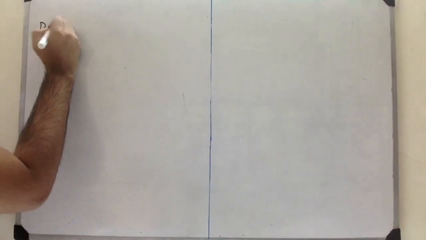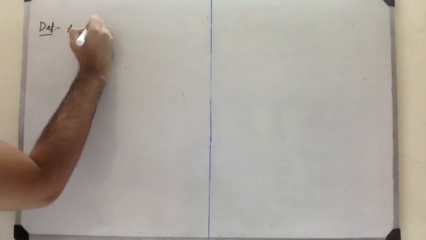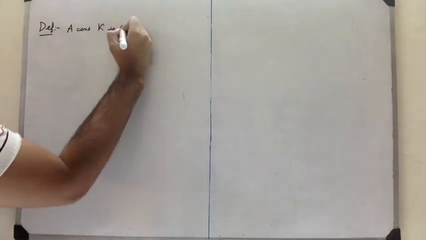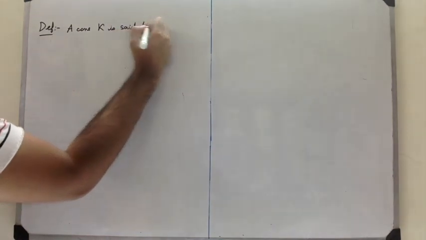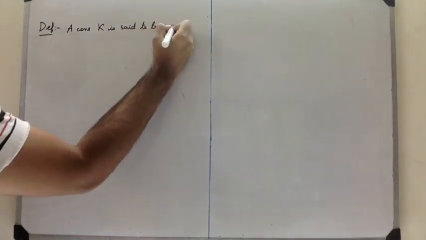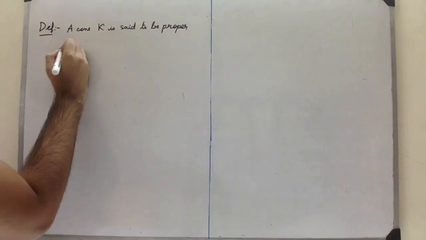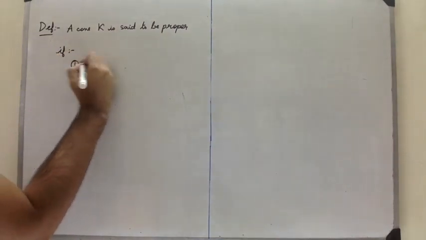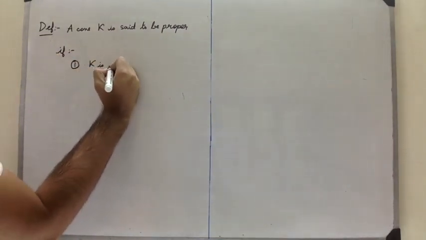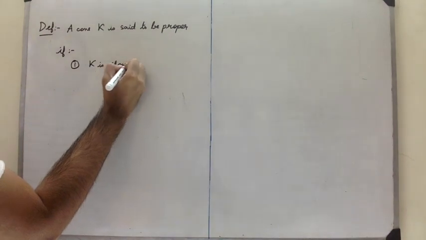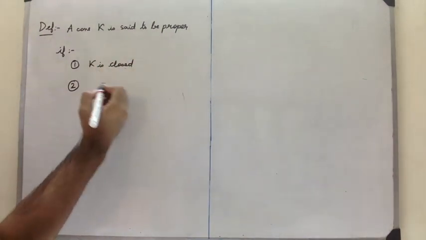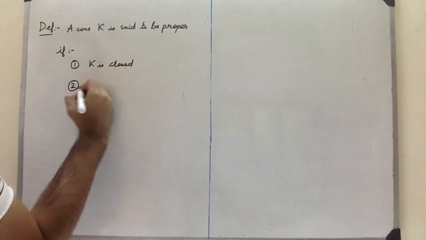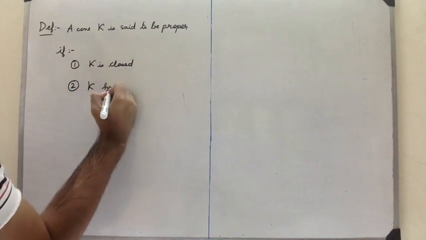We now define what is called a proper cone. One, K is closed. Two, K has a non-empty interior.